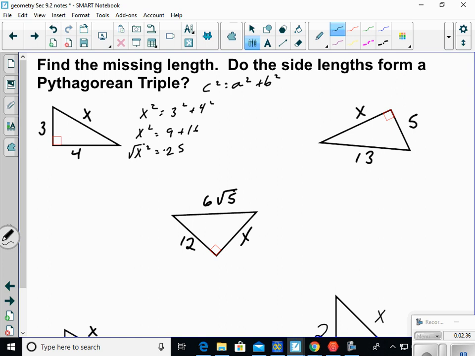Take the square root of both sides to get rid of the square. And it's going to give us x is equal to the square root of 25, which is 5. And so if I look at the side lengths, I've got 3, 4, and 5, all of which are integers. So this one would be a Pythagorean triple.